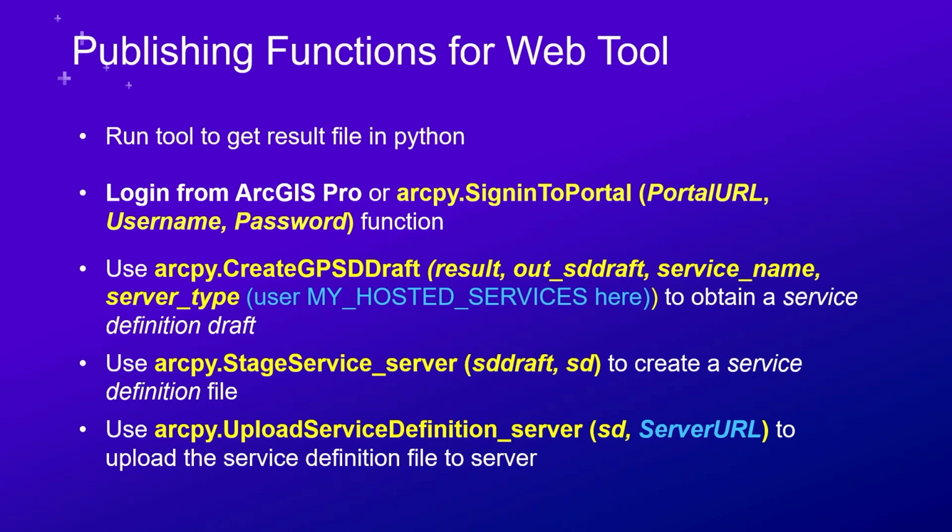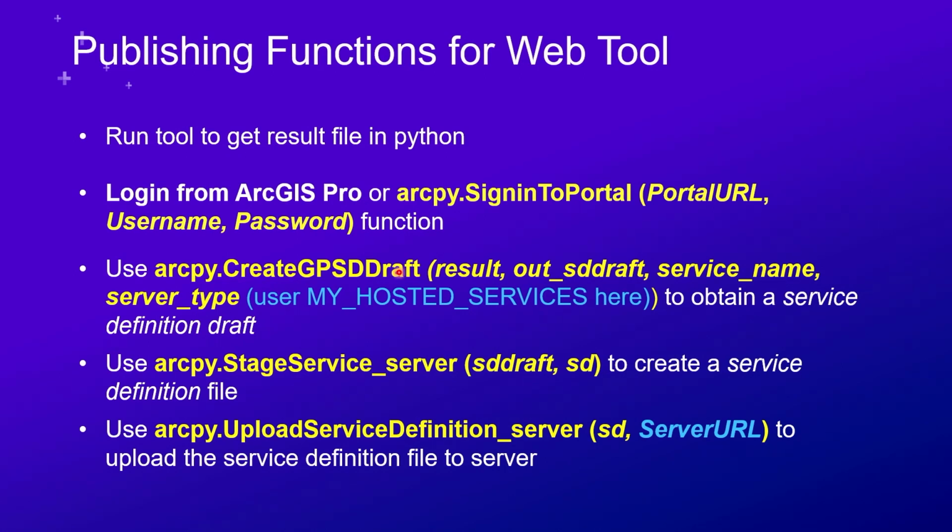After that, you use ArcPy to create GP SD draft. SD draft means service definition draft, which is a file that contains the information about the server and a set of service properties.